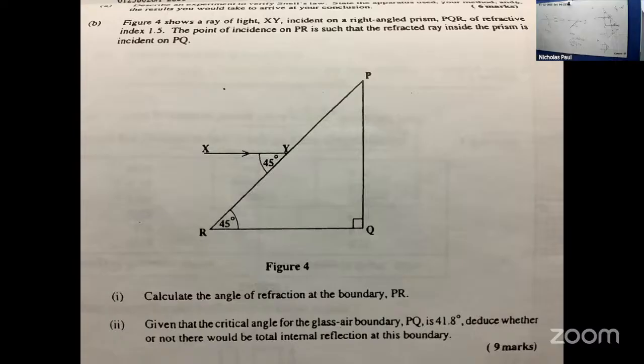What's the formula you're going to use? Sine i over sine r, right? Try it quick. Then find part 2. You need to draw a diagram because they need it for part 2. Draw a diagram and follow the path of the ray.